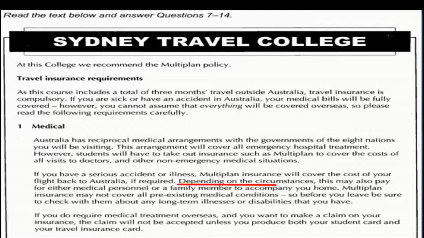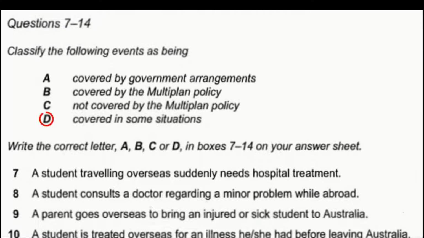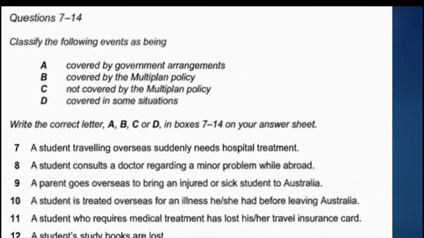It says, depending on the circumstances, this may also pay for either medical personnel or family member to accompany you home. The fact that you have depending on the circumstance tells you that it will not always be in all cases. So that tells us that the option will be option D, which is covered in some situations.